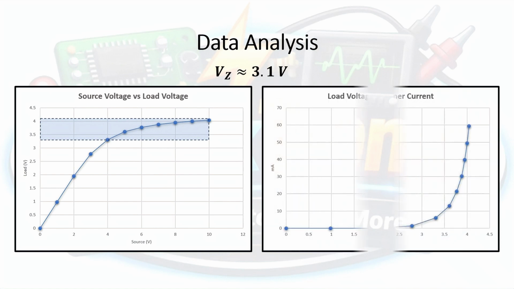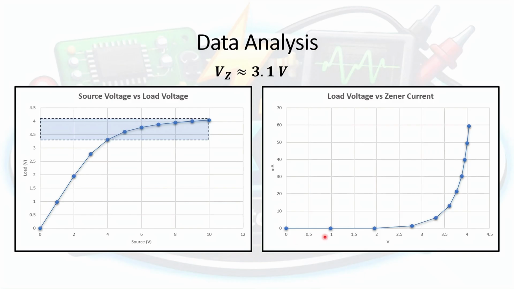Now, as a second analysis, we can take a look at the relationship between the load voltage and the Zener current. The load voltage is plotted here on the horizontal axis of the graph, in volts, while the Zener current is plotted here on the vertical axis, which is measured in milliamperes.